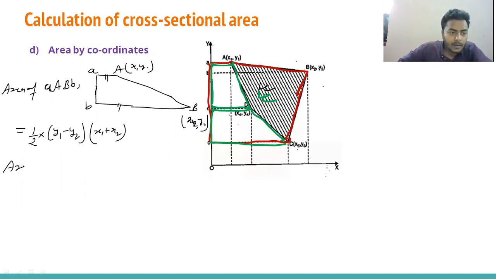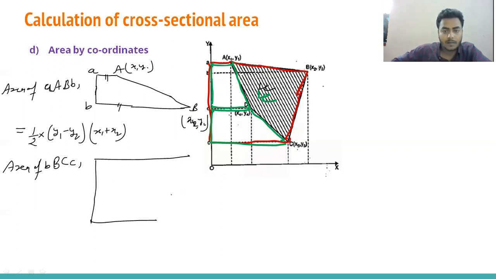Right. Now I'm going to add the area of this one: B, b, c, and C. I'm drawing a figure like this. This is B, this is capital C, then c. The coordinates are x3, y3 and x2, y2.